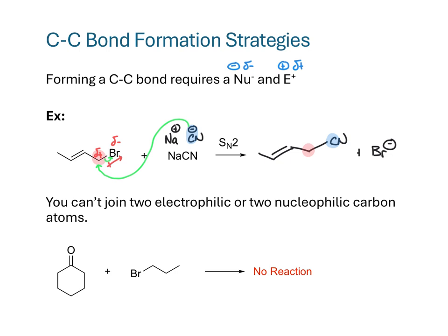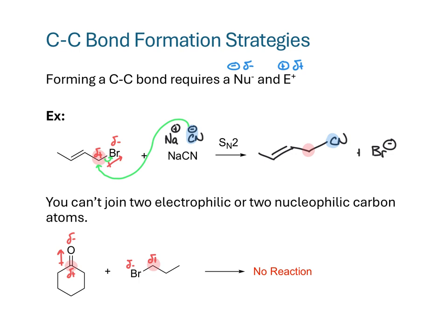For example, down here, I have a carbonyl, which has a dipole. So that makes the oxygen delta minus, the carbon delta plus. So that carbon is electrophilic. And then the organobromide, just like we saw in the previous example, the bromine's delta minus, the carbon's delta plus.